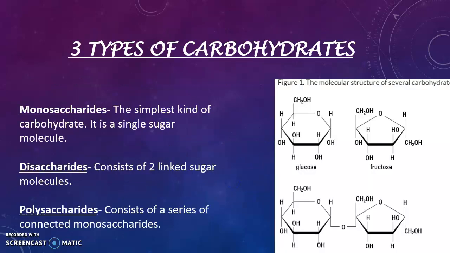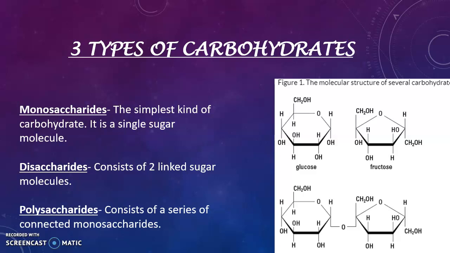Carbohydrates are classified into three groups depending on the number of sugar molecules present. The three groups are monosaccharides. This is the simplest kind of carbohydrate. It is a single sugar molecule. Disaccharides, which consist of two linked sugar molecules, and polysaccharides, which consist of a series of connected monosaccharides.